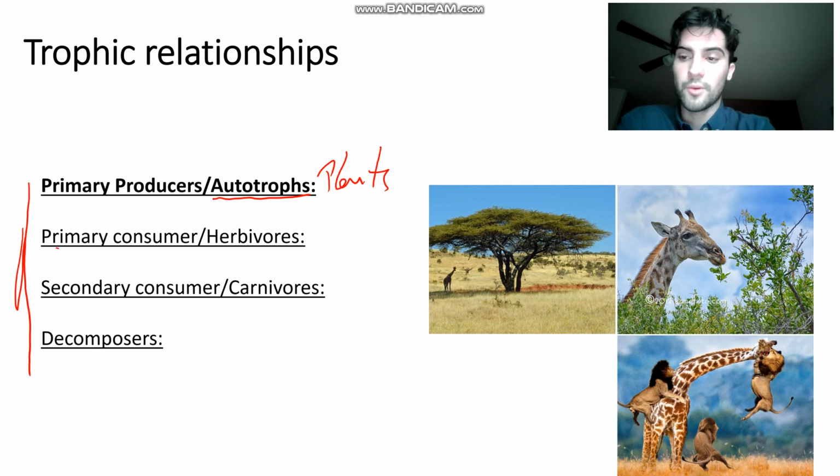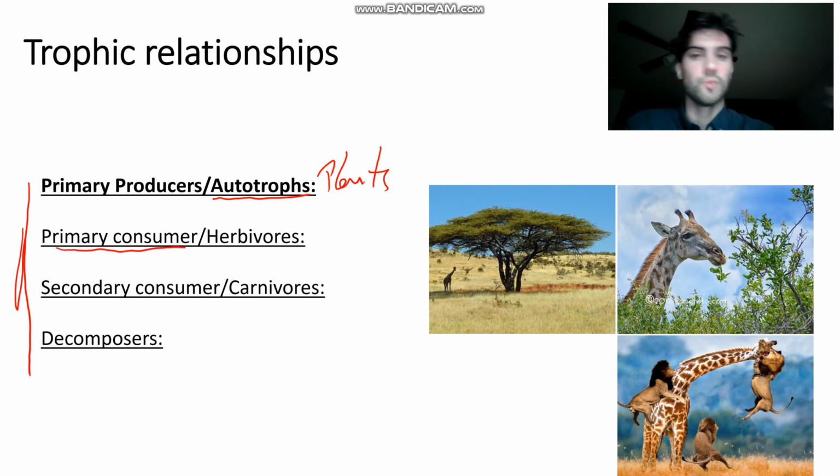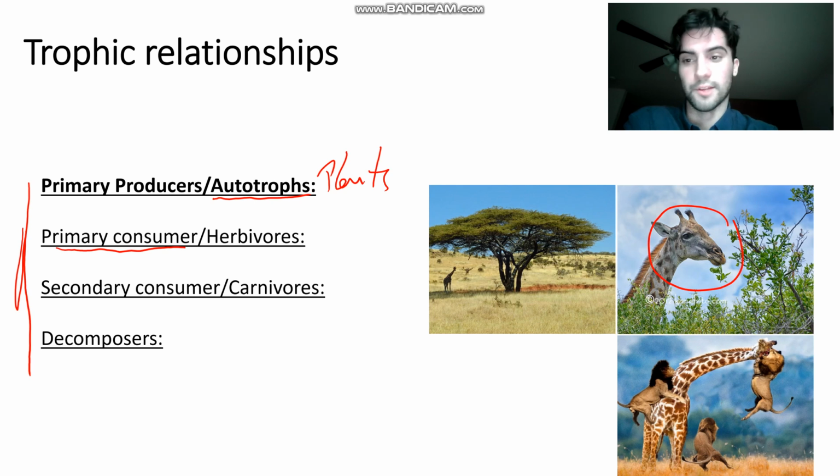Then we have primary consumers, which consume the primary producers, which are herbivores. Here we see a giraffe eating plants, so the giraffe is consuming energy directly from the plant that collected energy from the sun. Then we have secondary consumers, which are carnivorous, so the lion will eat the giraffe and obtain energy from the giraffe and not from plants.